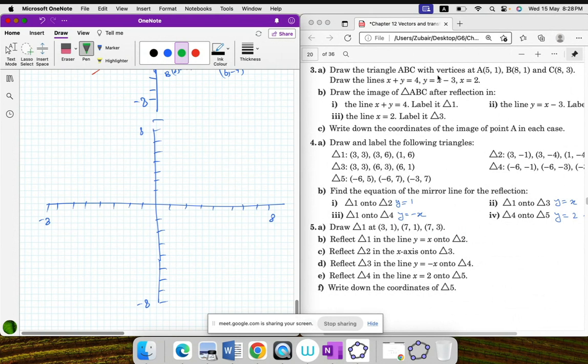Now it says draw the triangle with vertices x 5, y 1, then x 8, y 1, then x 8, y 3.